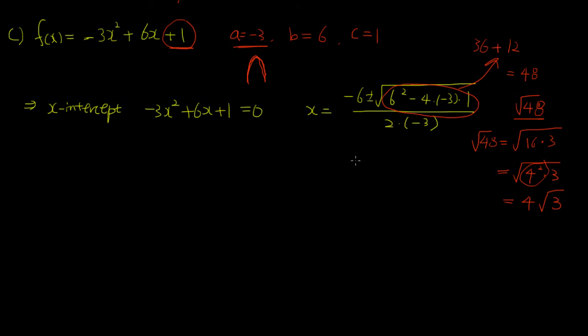So we have this. So this we can simplify as negative 6 plus minus 4 square root of 3 over negative 6, like this.